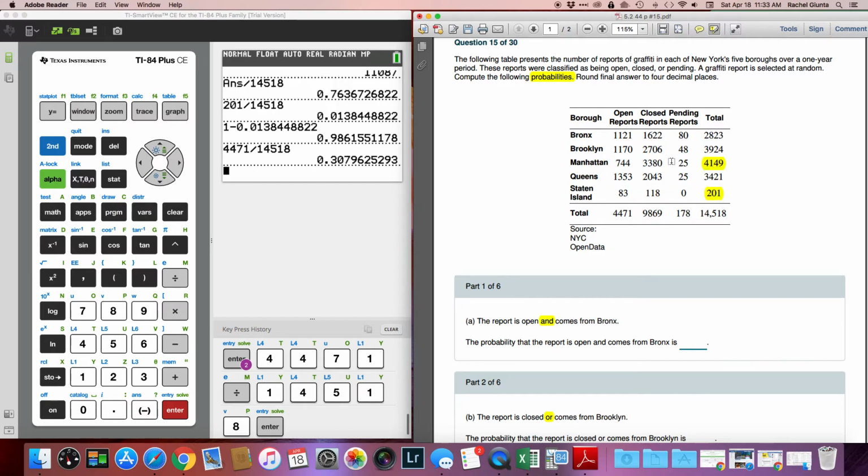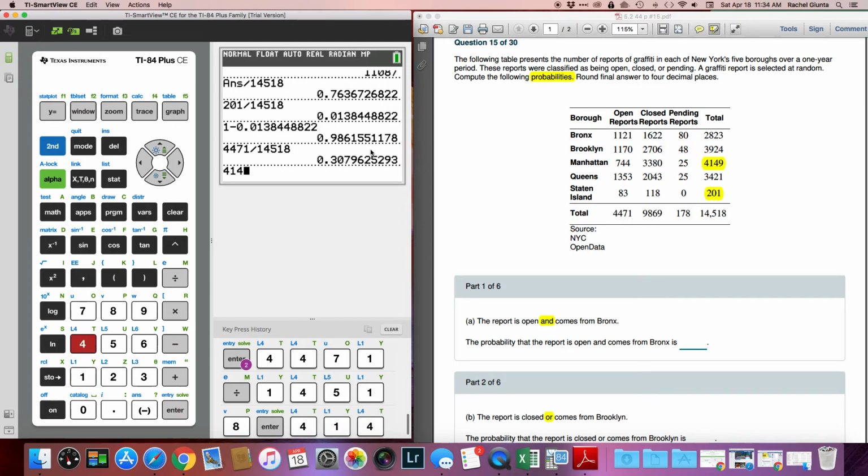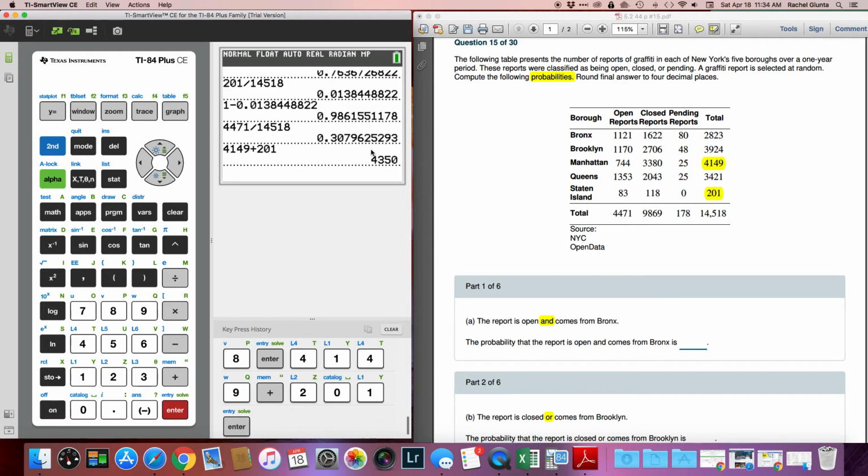There's no numbers here that are in both categories, so we can safely just add them together. 4149 plus 201 and divide that by the grand total, 14,518.